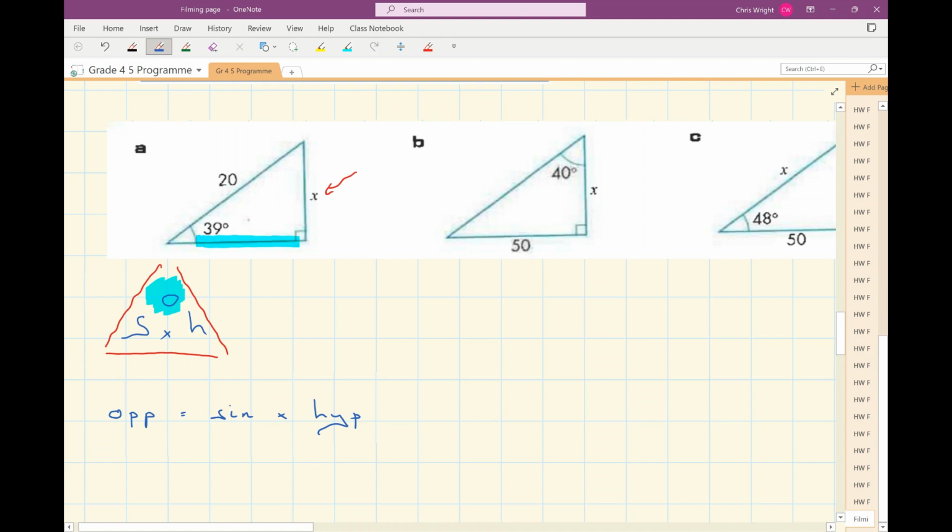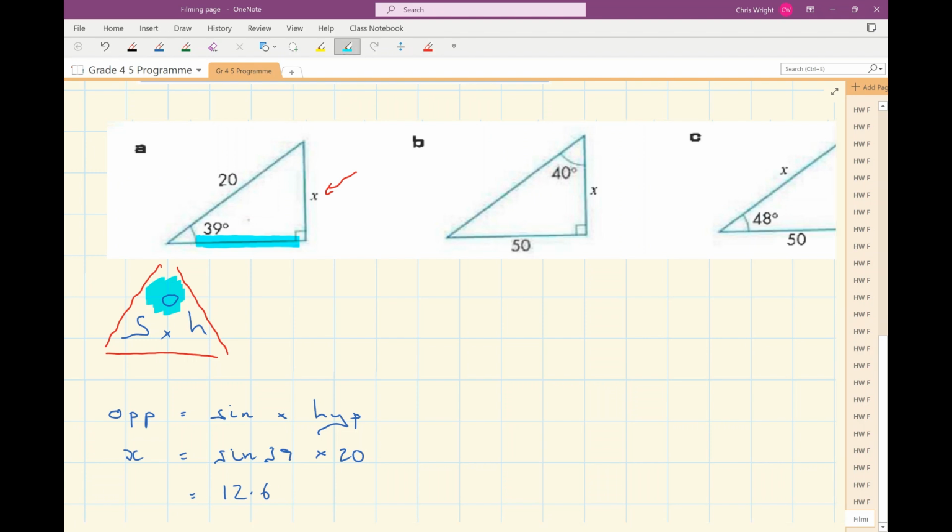S times H. So in this case, X is going to be sine 39 times 20. And so on my calculator, I'm going to go sine 39 equals times 20 equals. And that gives me a missing length there of 12.6 to 1 decimal place.